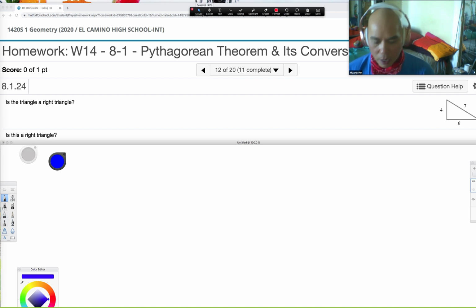All right. So I take 7, and I square it. And I want to see if it's equal to the other two legs squared added with each other. All right. So 4 squared added with 6 squared and see what happens. 7 squared, that's 49. And then 4 squared, that's 16.